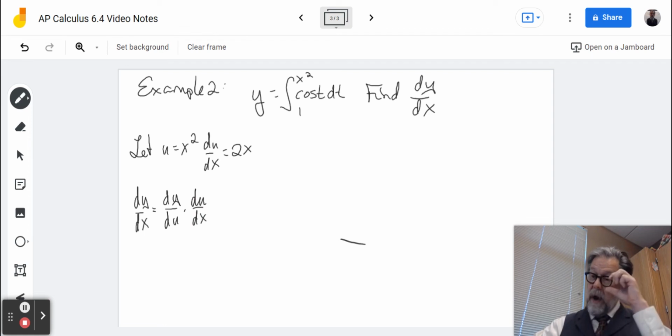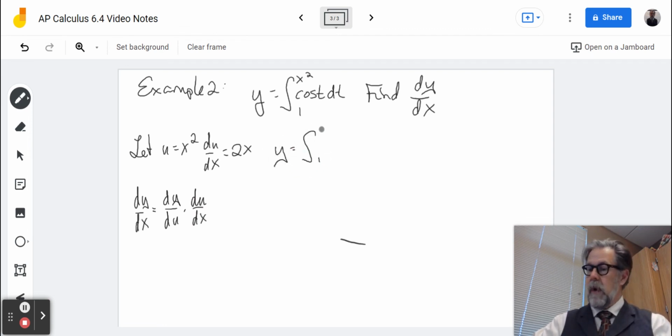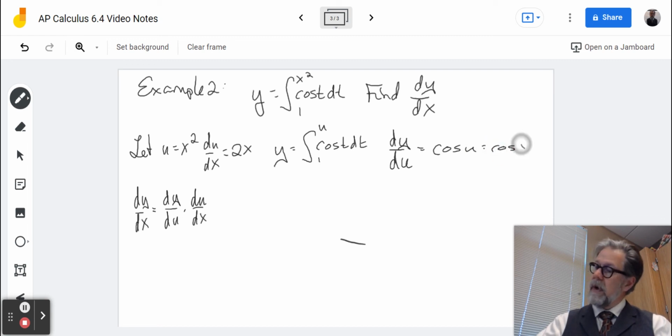So let's rewrite y as a function of u. y is equal to the integral from 1 to u of cosine t dt, and the derivative of y with respect to u is just cosine of u, which of course is equal to cosine of x squared.